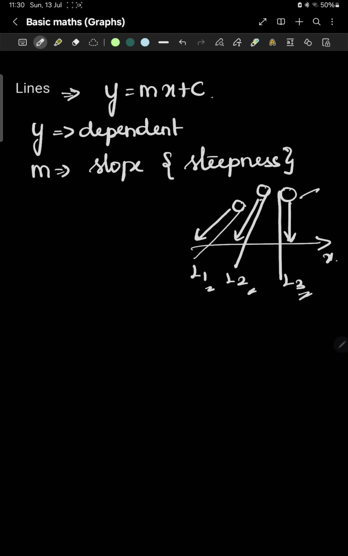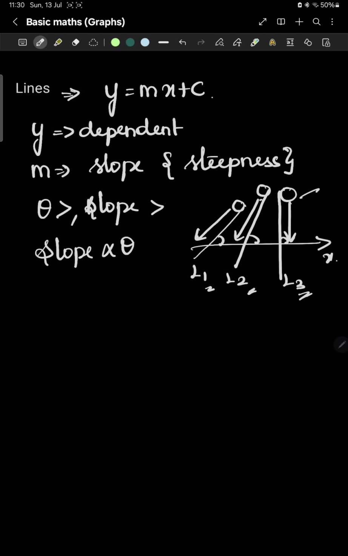It also depends upon the angle it makes with the x-axis. When angle is more, then slope is also more. We can say that slope is directly proportional to the angle which the line makes with the x-axis.